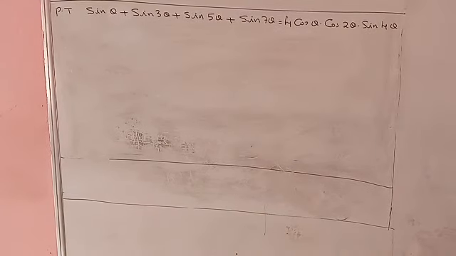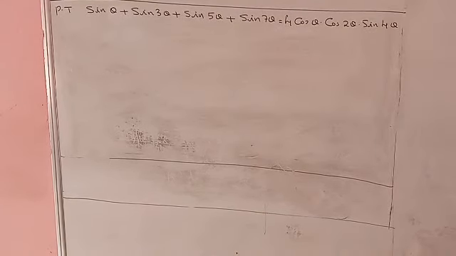This is an important problem. This is the addition of 4 sine functions in the left hand side. We don't have any formula for simultaneously adding 4 sine functions. Therefore, we group the sine functions in groups of 2. Add sine 7 theta and sine theta, and add sine 5 theta and sine 3 theta. Take the left hand side.